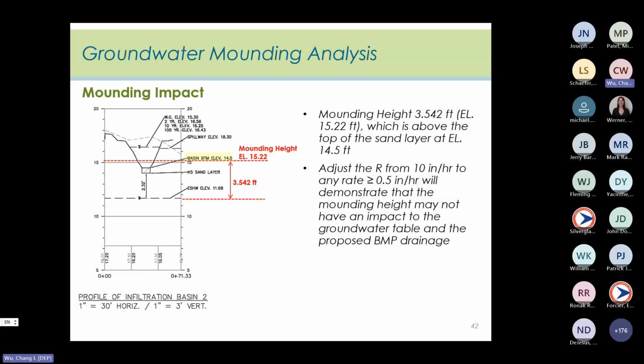You can reduce the infiltration rate and the duration proportionally according to Chapter 5, as long as the infiltration rate is greater than 0.5 inches per hour in the input, and also the infiltration duration is less than or equal to 72 hours. Under those situations, if there's no mounding higher than the basin bottom, that would be fine.